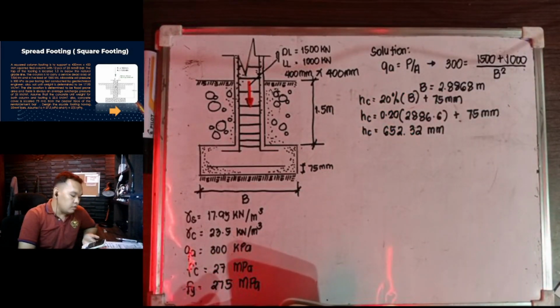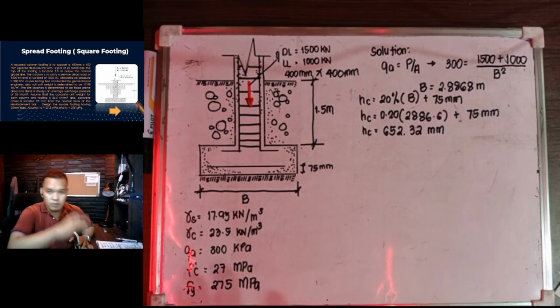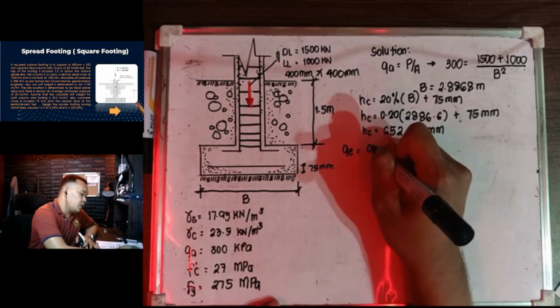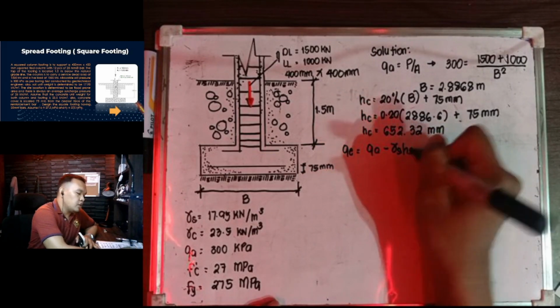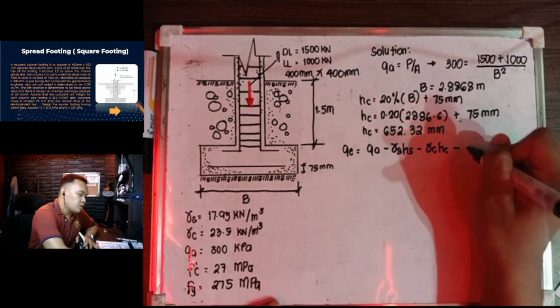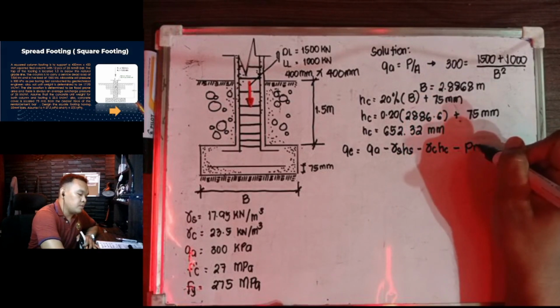After mo makuha yung 652.32 mm, we could get the value of QE, no? Dun sa formula pinakita ko sa inyo. QE is equivalent kay Q allowable minus unit weight of soil, height ng soil, minus unit weight of concrete, H concrete, minus pressure kung sakaling may pressure. Di ba? Pressure.